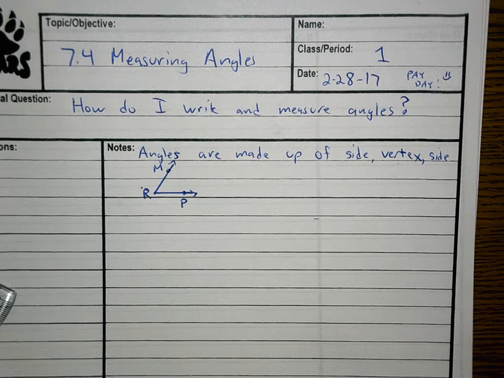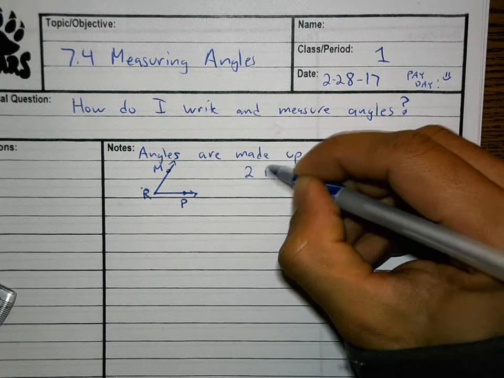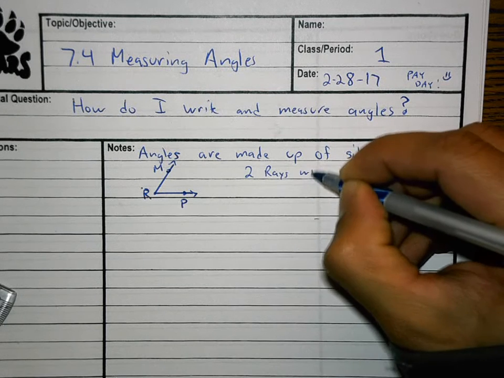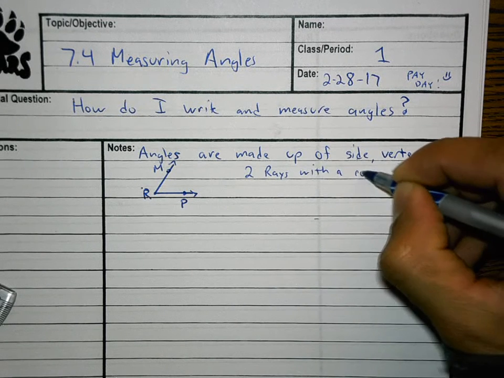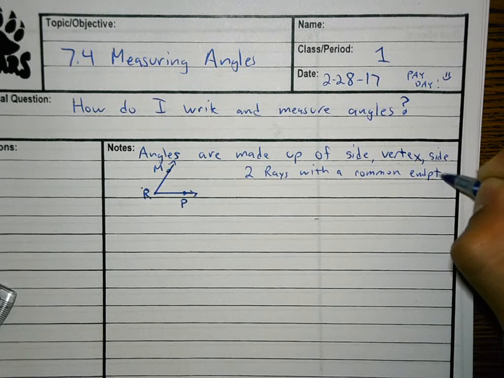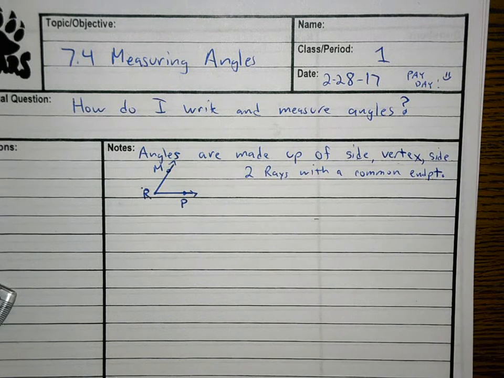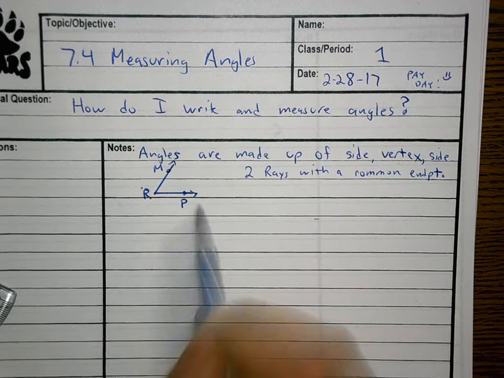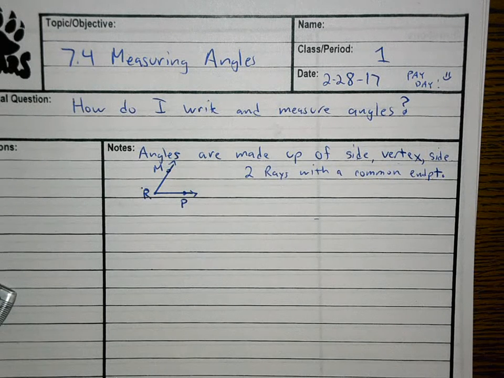Technically, angles are made up of two rays with a common endpoint. And so I'm going to write that down. Two rays with a common endpoint. And I'm abbreviating endpoint. So I have this ray RP, and I have this ray, which is ray RM. It's two rays with the common endpoint.